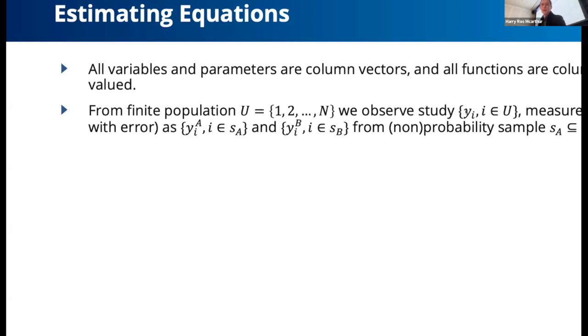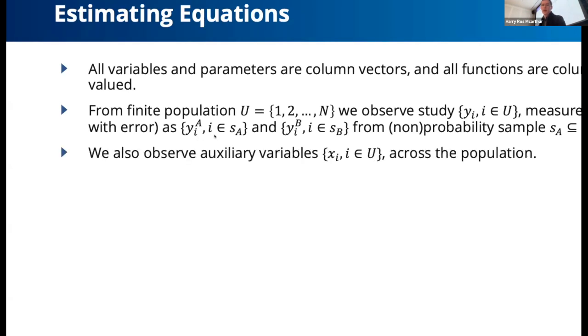Yi here, measured possibly with error as YiA for our probability sample, so our survey, or YiB from our non-probability sample, so our tax returns. And what makes this a probability sample is that this set SA here is random according to precisely the mechanism that we choose. And we also suppose that we observe some auxiliary variables across the population.